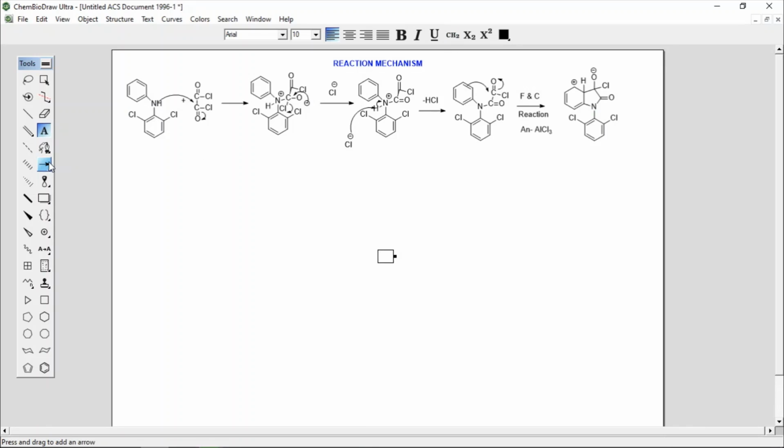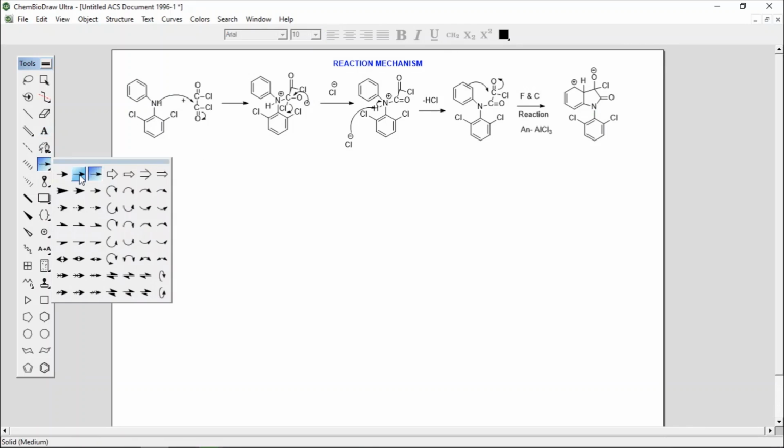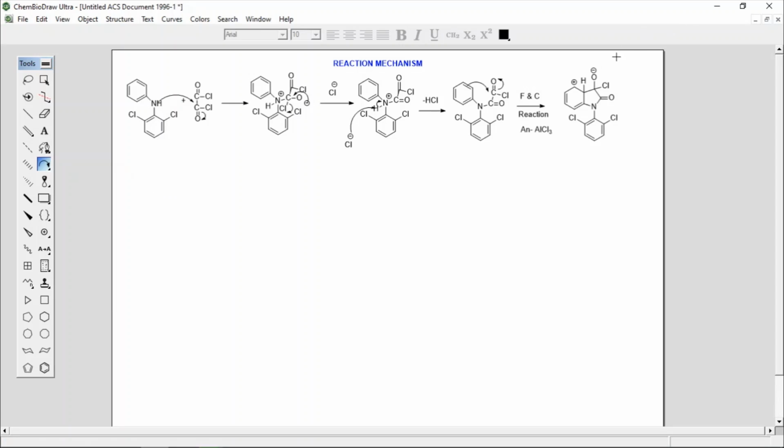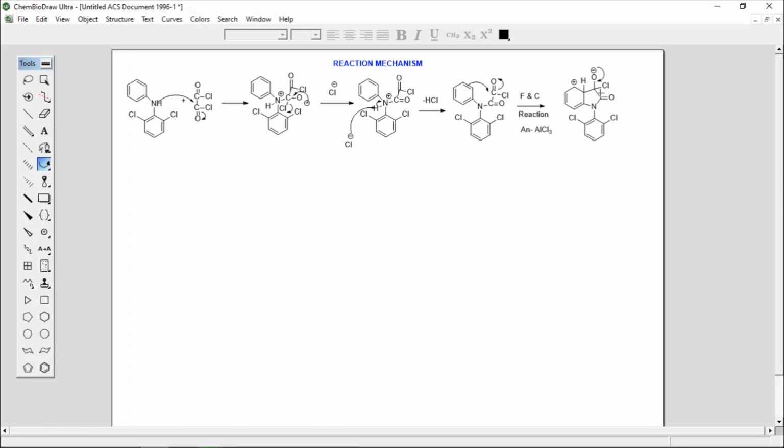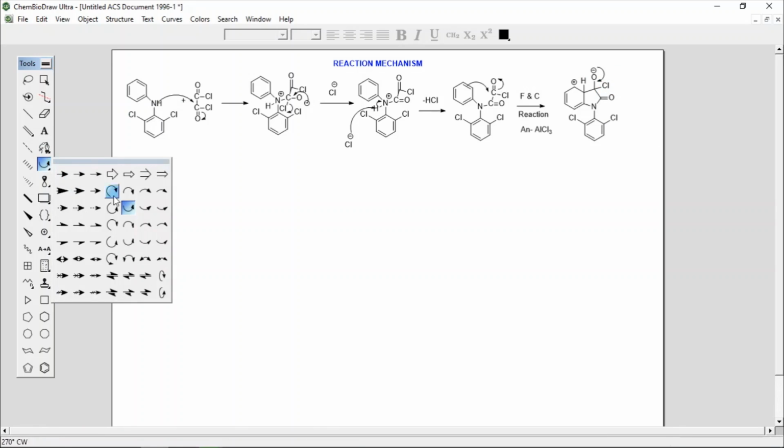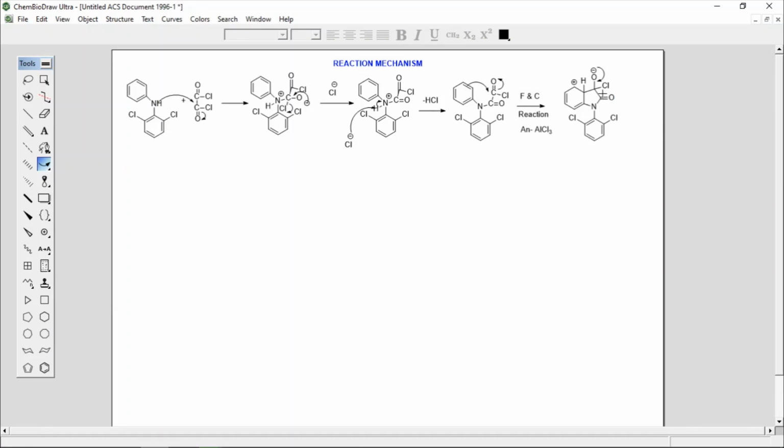Now the next step is this negative charge will delocalize. This oxygen has a negative charge, so this will delocalize here, and Cl will be the leaving group. After delocalization of this oxygen anion, it forms a carbon-oxygen double bond.